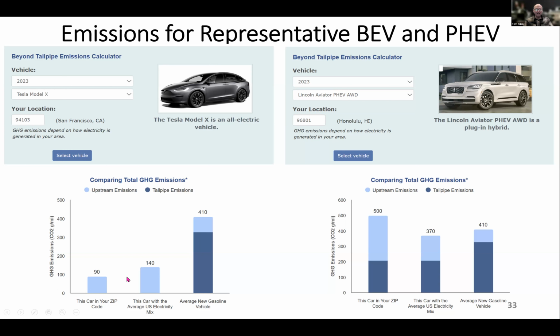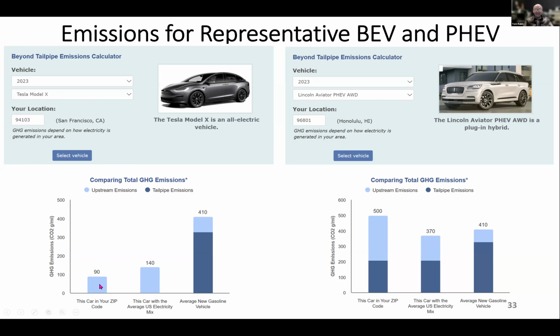And I asked, what is the impact in San Francisco, which has some of the cleanest energy in the US? Here, the average new gasoline vehicle, the dark blue, has substantial emissions, and then there is energy offline to produce the total energy of 410 for the average new gasoline vehicle.